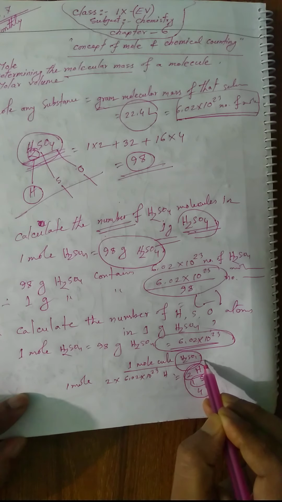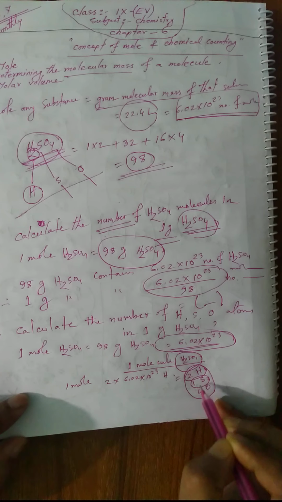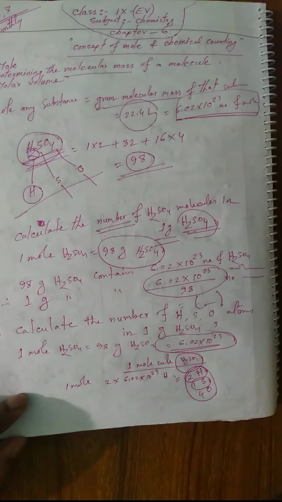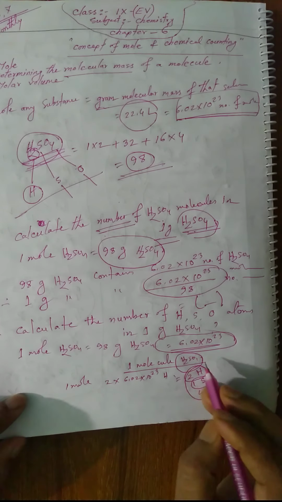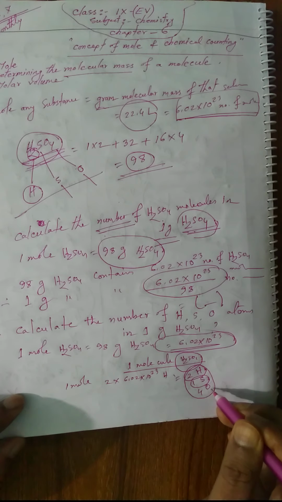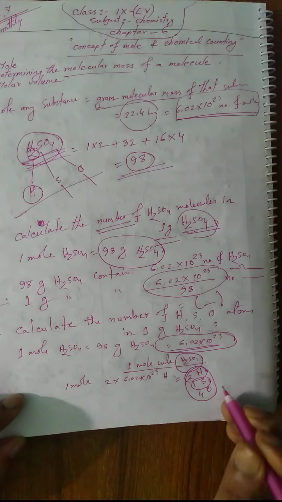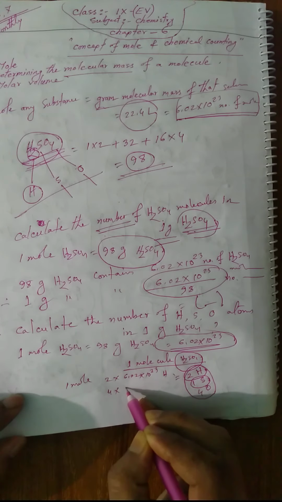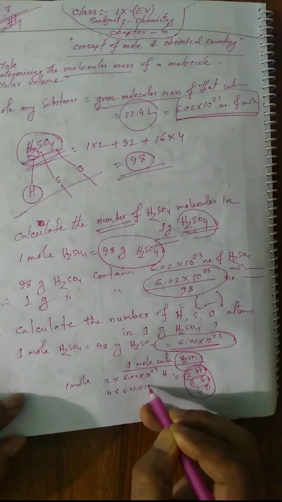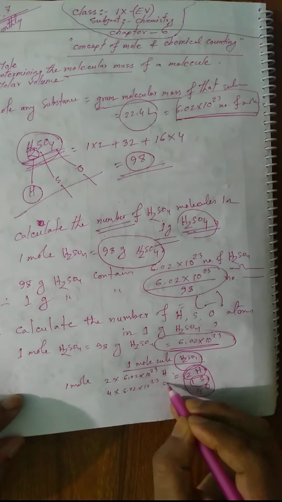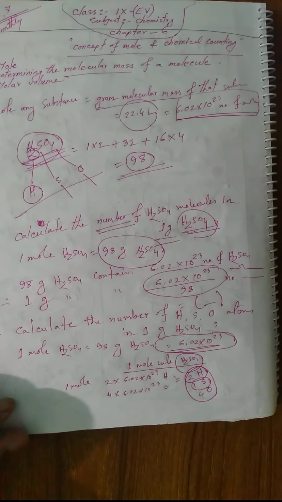For 1 mole H2SO4, sulfur will be Avogadro number of sulfur atoms, and for 1 mole H2SO4, oxygen will be 4 into 6.02 into 10 to the power 23 number of oxygen atoms.